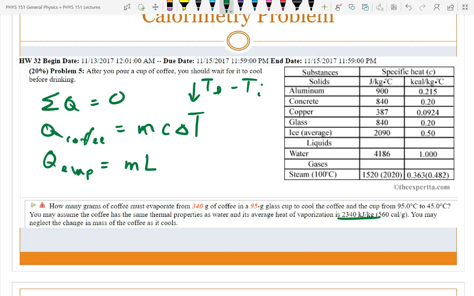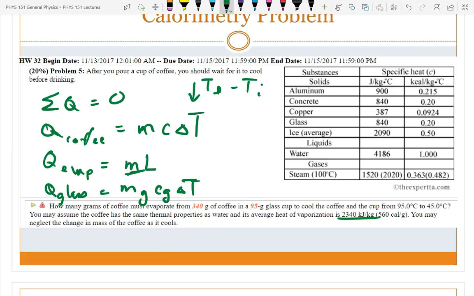Well, that's going to be with the positive side in this case. And you're also going to have Q for the glass: mass of the glass, c of the glass, delta T for the glass, which is the same as delta T for the coffee. And then you do the sum of those heats is 0, and you solve for m.